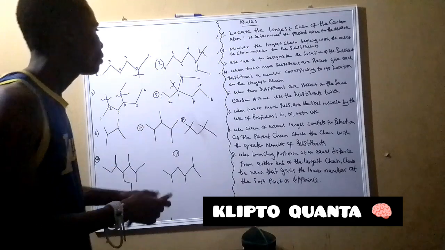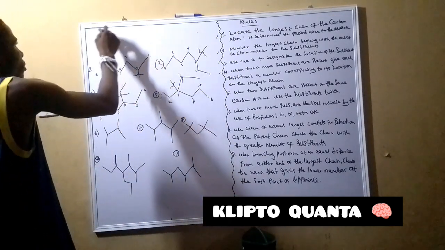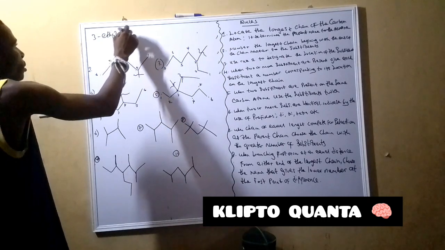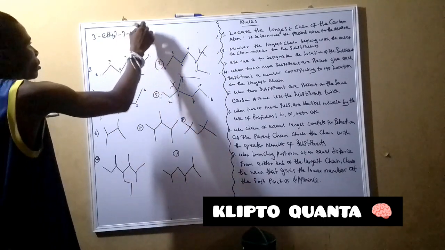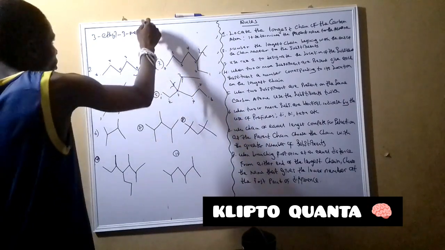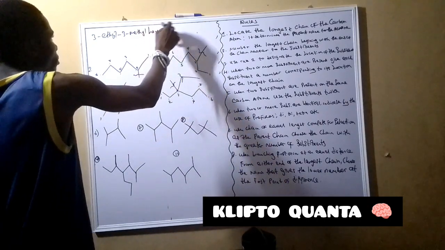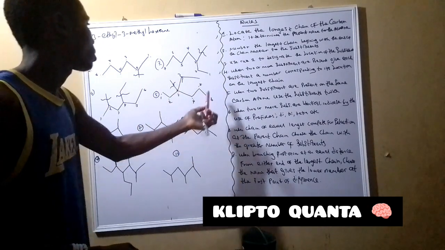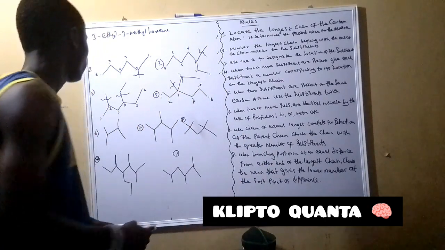So I'll have the ethyl first. 3 ethyl and 3 methyl. 3 ethyl, 3 methyl. It is 4, right? Hexane. So 3 ethyl, 3 methyl, then what? Hexane. Do not forget that, guys.